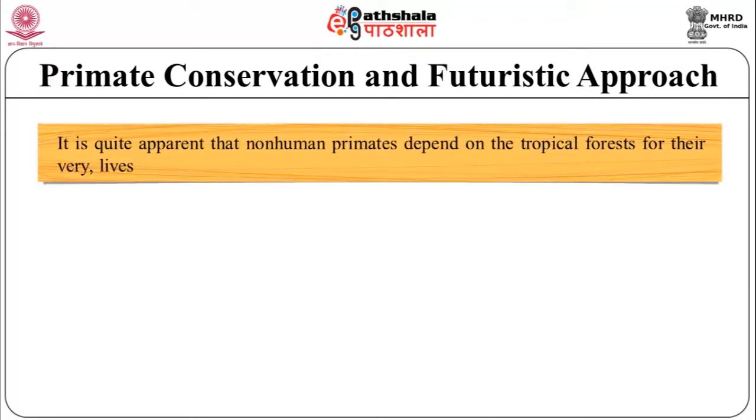Now, it is quite apparent that non-human primates depend on the tropical forest for their very lives. Most non-human primate species are arboreal creatures living in tropical rainforest and are dependent upon the forest and its products for their various lifestyles.